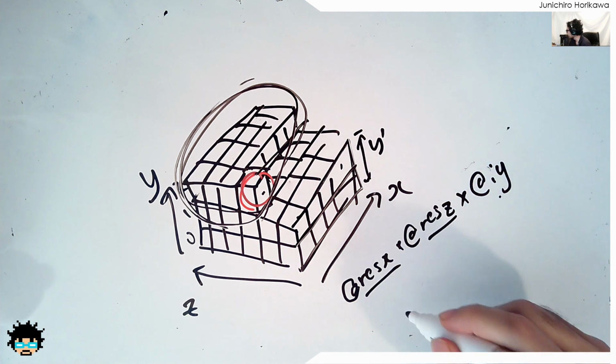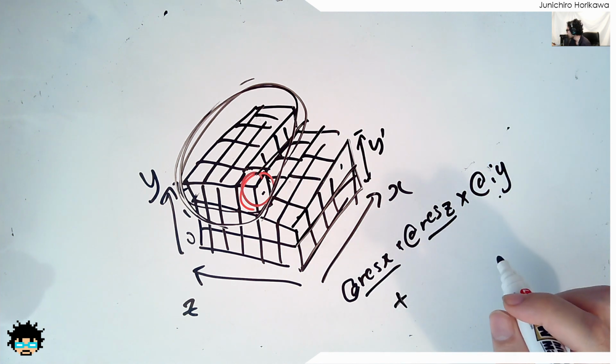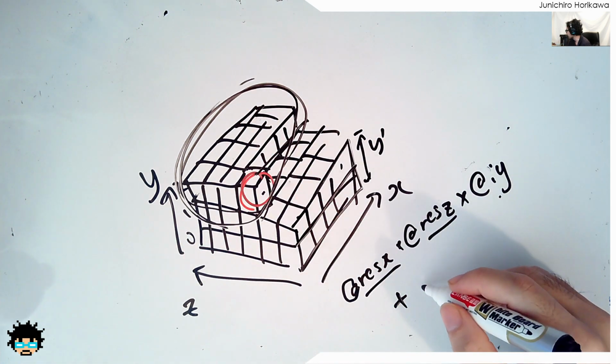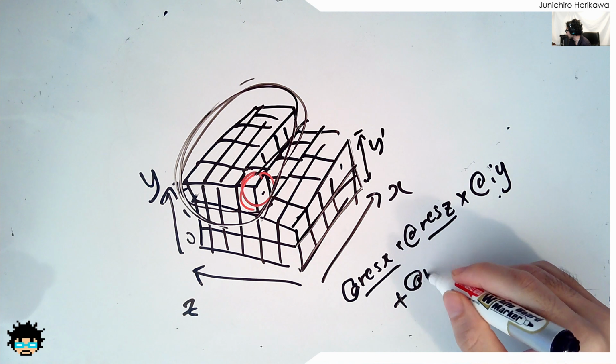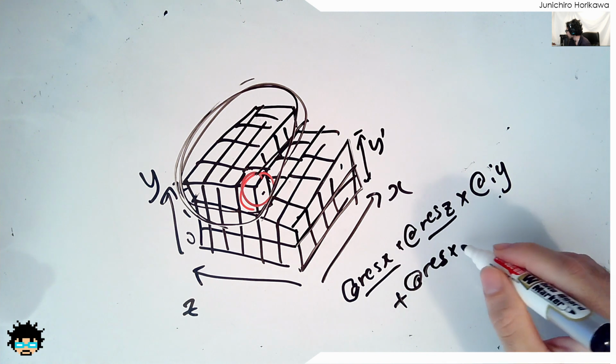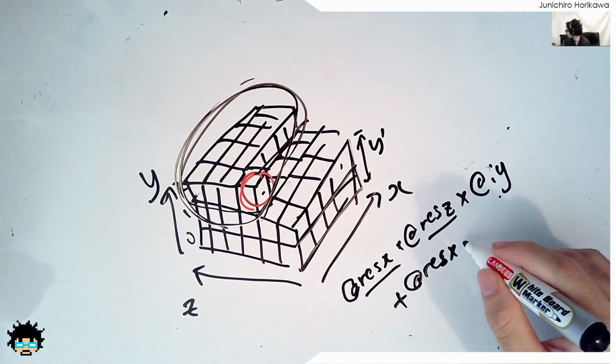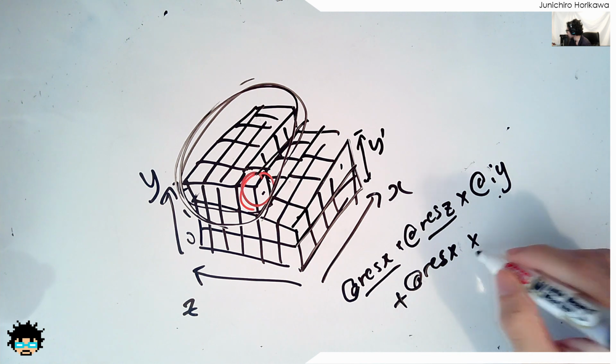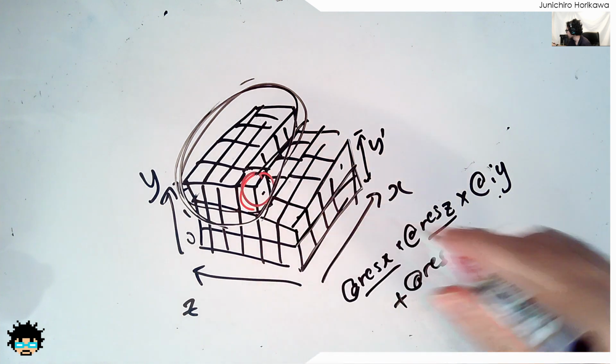Okay, so the next thing you want to do is to add, in this case, res x multiplied by, in this case, iz.